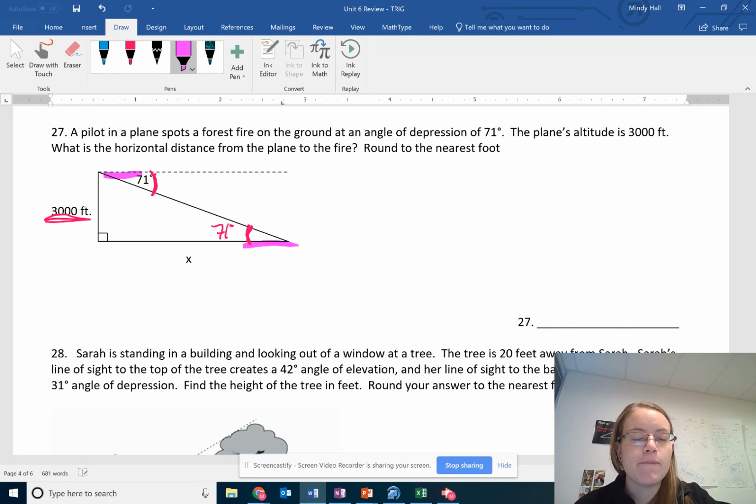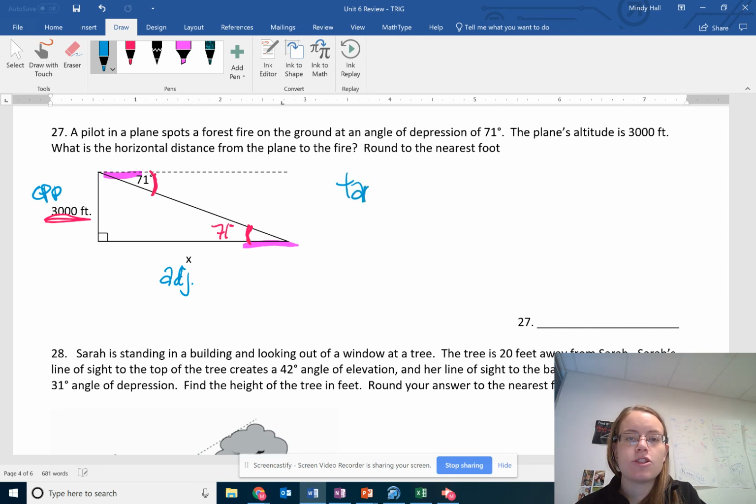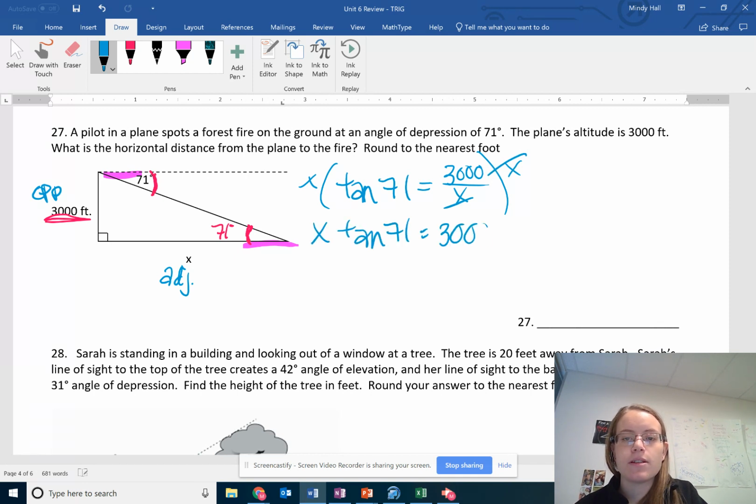So with that being said, if I want to find X, this 3,000 feet is opposite of the 71, and the X is adjacent. So opposite and adjacent is tangent. So we're going to have tangent of 71 equals opposite 3,000 over adjacent. Then we're going to multiply by X. So we have X tangent 71 equals 3,000.